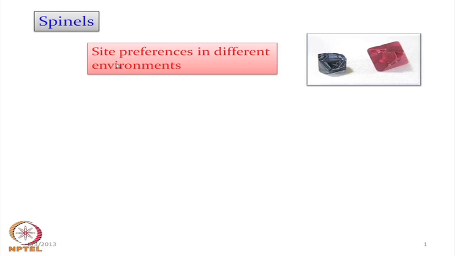Similarly, if the other cations have higher CFSE in other oxidation states such as the trivalent state, and if it gives more CFSE compared to its other site, it will simply go for the octahedral site in the solid state structure.